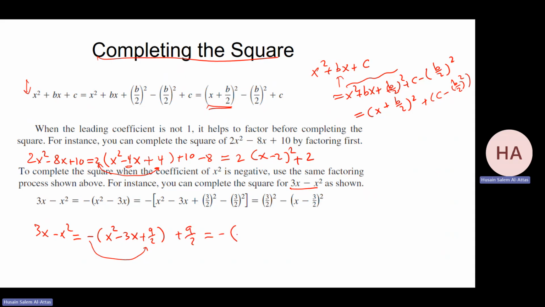So that will be minus x minus 3 over 2 squared, plus 9 over 4. This is what they meant by completing the square.